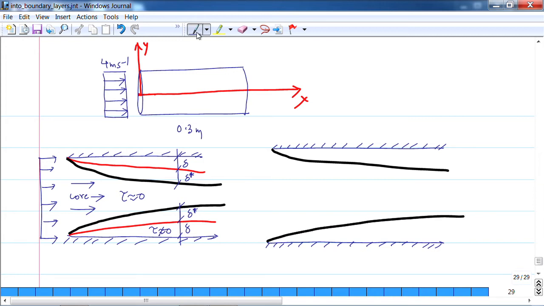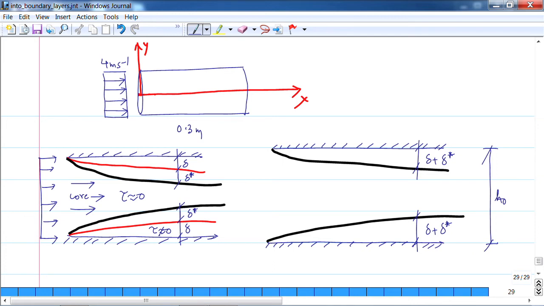So, then what this distance is all about is nothing but delta plus delta star, okay. Similarly, this is delta plus delta star, right. Now, in our case, this is the diameter. So, let us say that this height is h naught, okay.